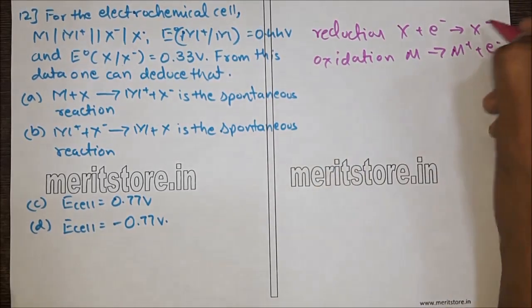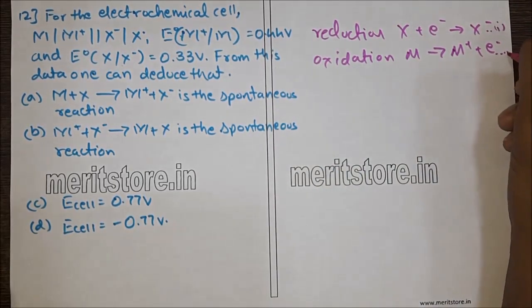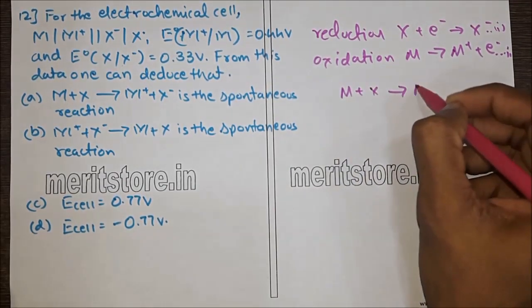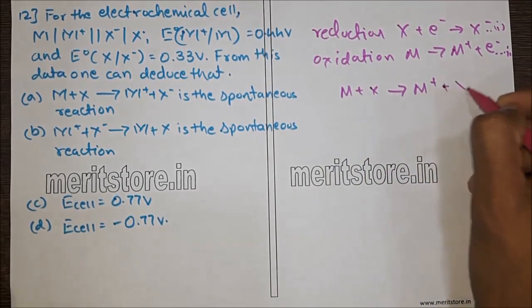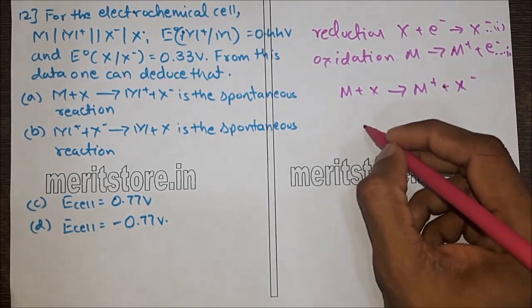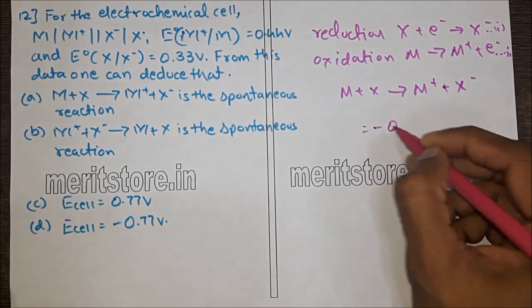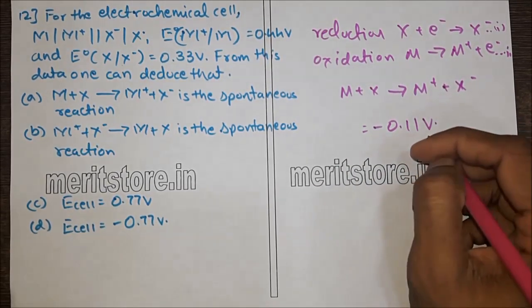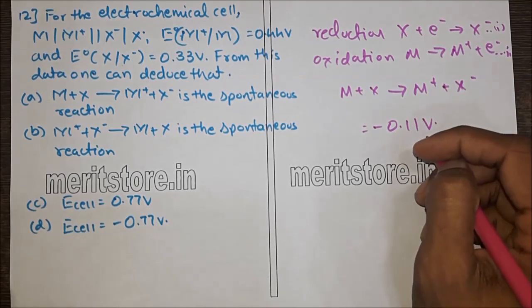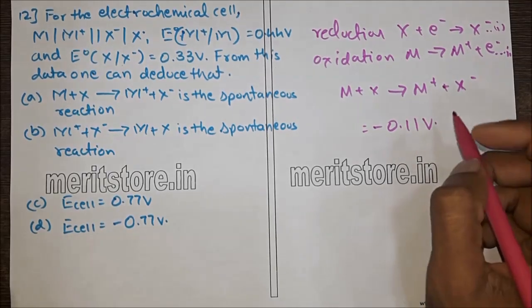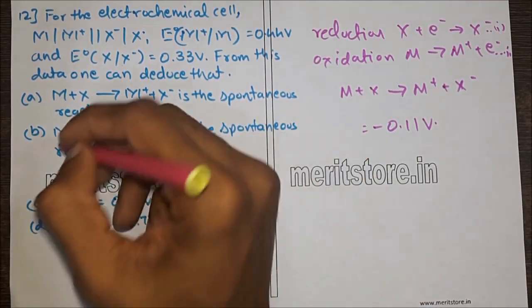So let this be 1 and this be 2. So adding both, we get M plus X, which is M+ plus X-. The cell potential we have as minus 0.11 volt. Since E cell is negative, the cell reaction derived above is not spontaneous. In fact, the reverse reaction will occur spontaneously. Therefore, B is a spontaneous reaction.